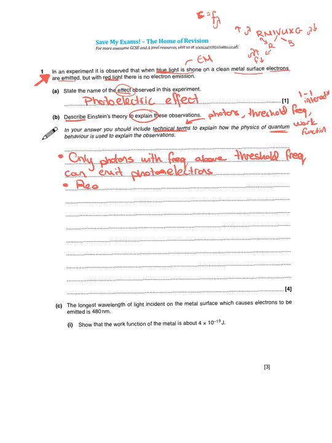Red light has a lower frequency than blue. Why does frequency matter? We know that the energy of a photon is equal to Planck's constant times the frequency of the photon, which means that blue light, which has a higher frequency, has more energy per photon.